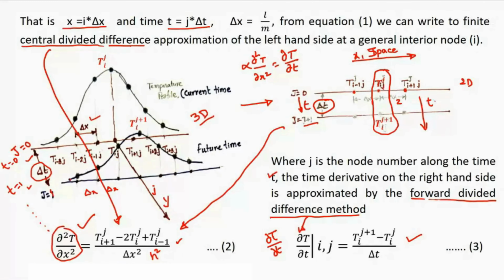Based on this information, we are going to predict the temperature at t equal to say 1 second. Here j is equal to 0, and j plus 1 is 1, at second 1. What might be the temperature at this location? That we are going to predict.